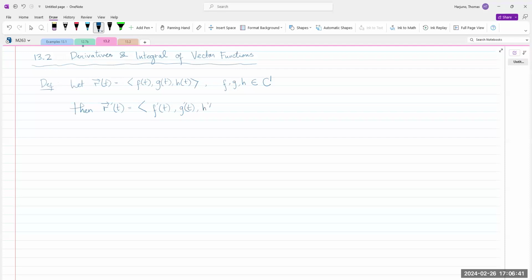In other words, we do the derivative component by component, but rewrite that in vector notation. And the integral of a vector function of t with respect to t is equal to the vector of integrals, the vector which is the integral of each component.